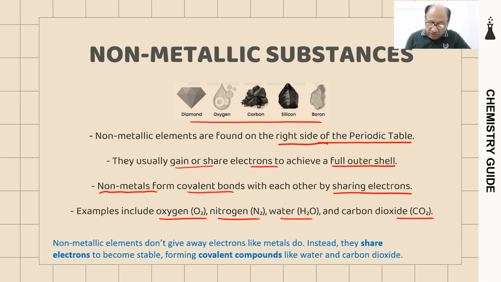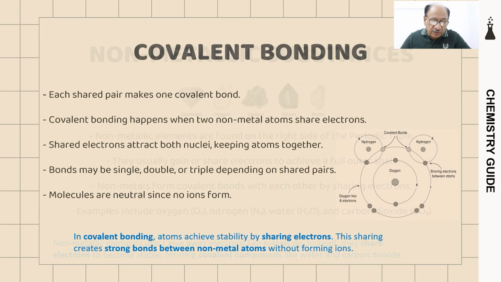They are not donating electrons. Instead, they share electrons. Sharing of electrons is done by covalent bonds. To become stable, they form covalent compounds like water and carbon dioxide.